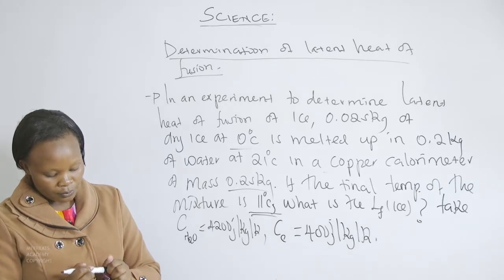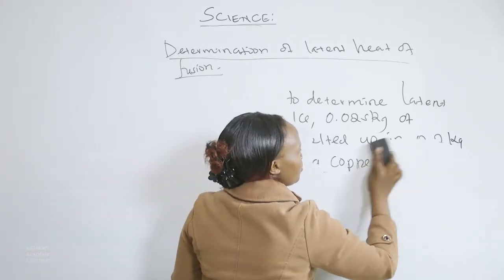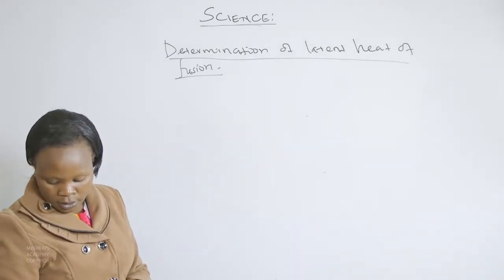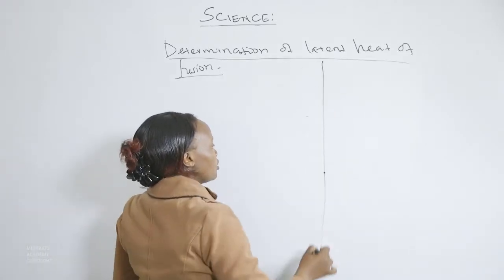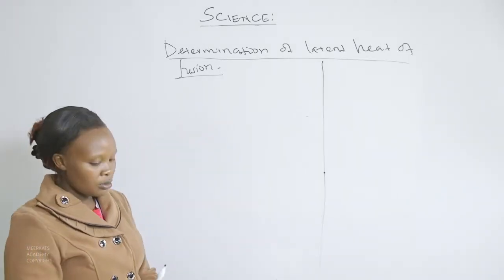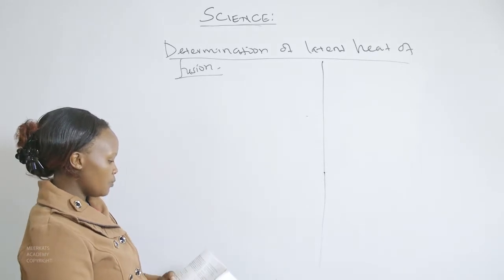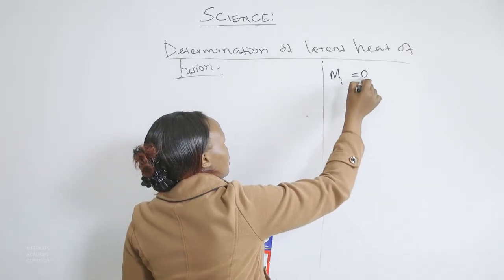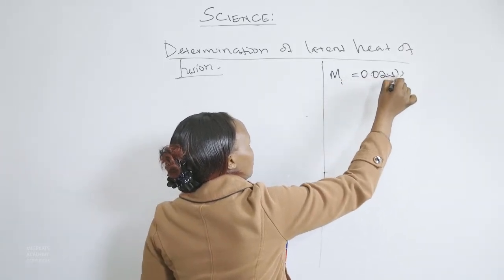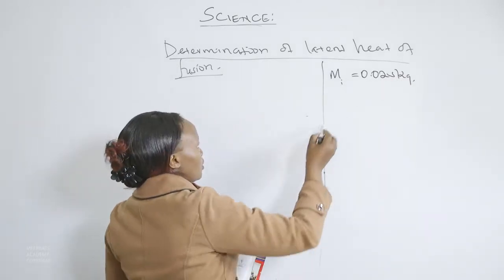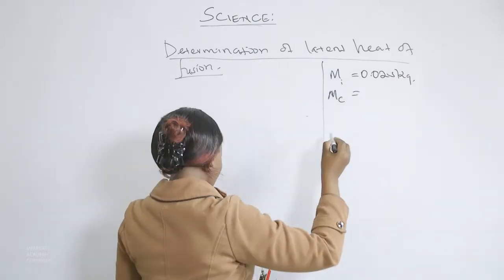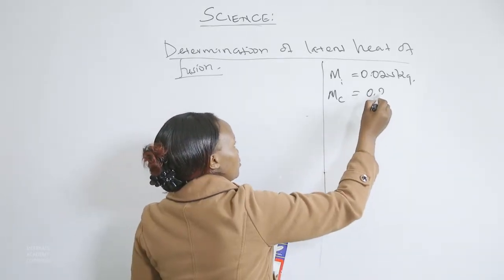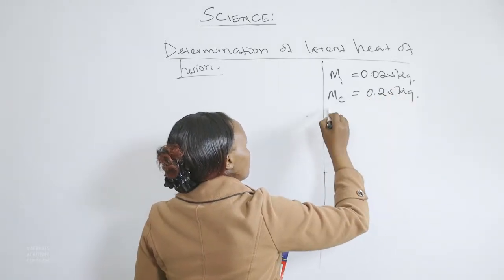Now, let us pick up the information we have been given in our question. We first talk about the masses. Mass of ice is given as 0.025 kgs. That of calorimeter is given as 0.25 kgs.